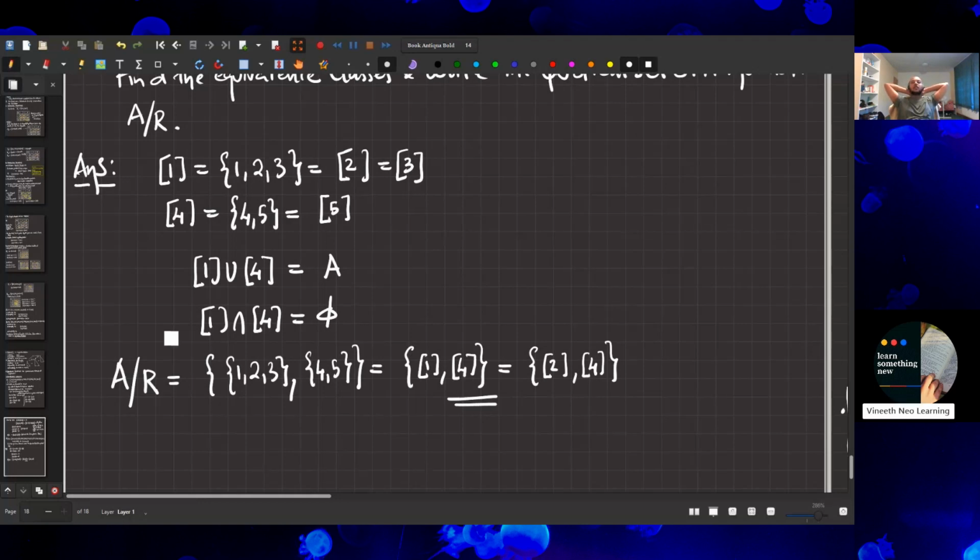Do you get the idea? That is what I meant by saying that equivalence relations are generalized notions of equality, context dependent equalities. In this context, 1 and 2 and 3 are the same.